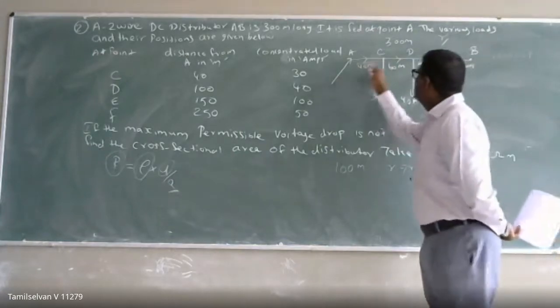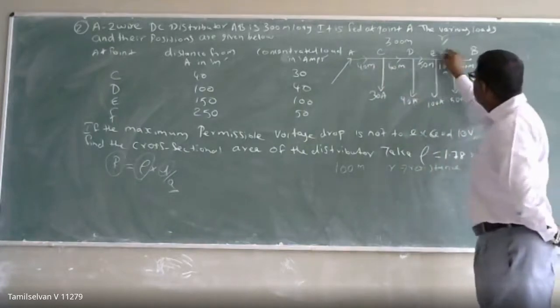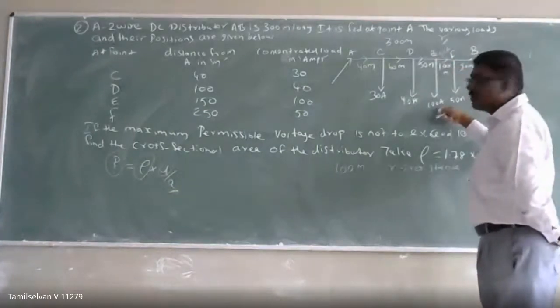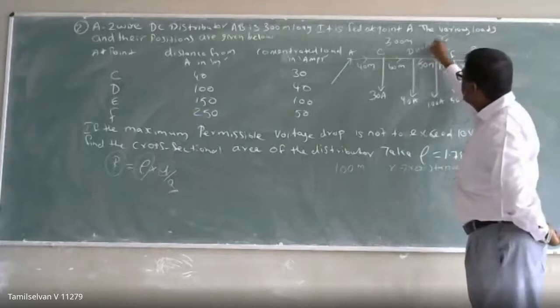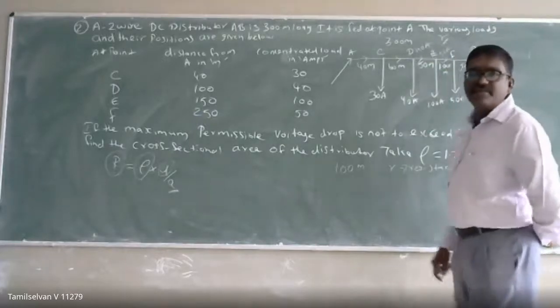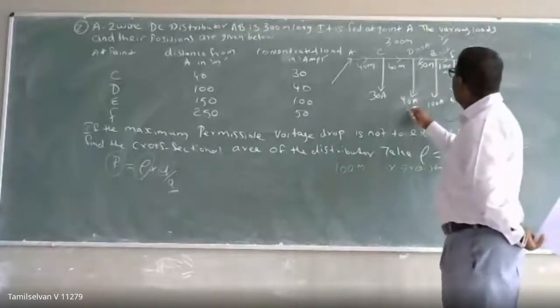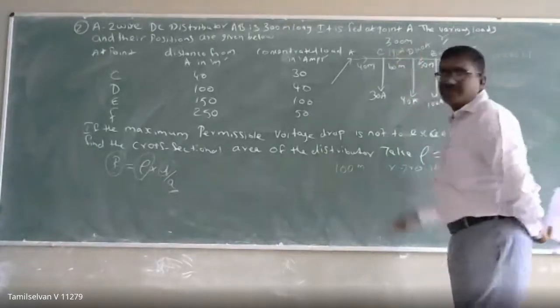So what will be the section current here? Here remember the current is 50 ampere. It means the current flowing at this point is going to appear 50 ampere. So here 100, it means here is going to appear 150 ampere. At this point, there will be 150 ampere. So here 40 ampere means here is going to appear 190 ampere.